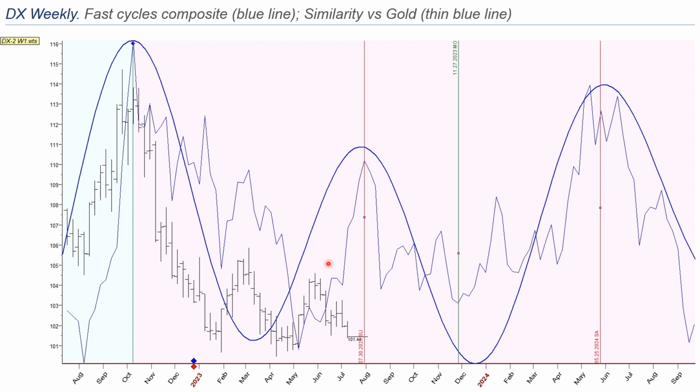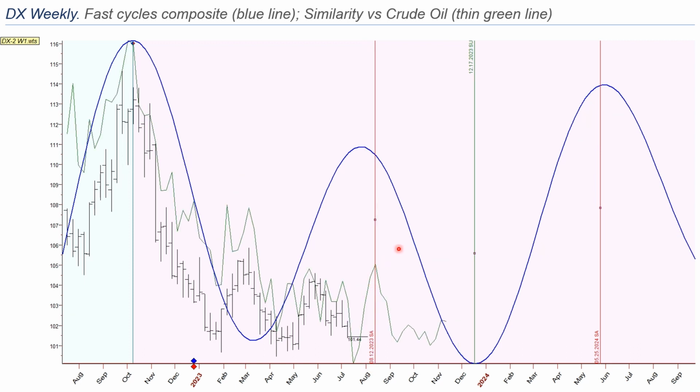And as you can see, we can easily come to the conclusion that the US dollar index hasn't reached its local high yet, which is going to be approached by the end of the month or even the beginning of August. The same conclusion comes from the similarity line, wise crude oil.